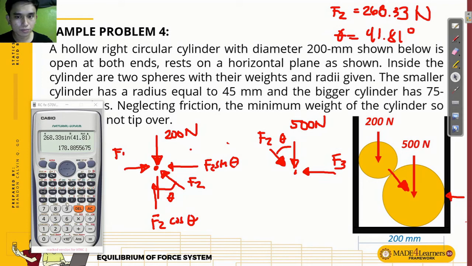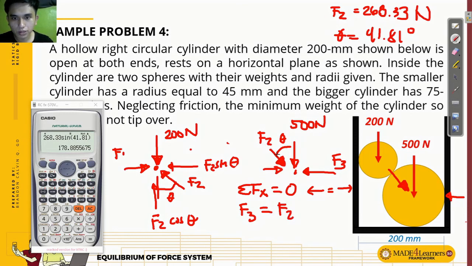So F2 is 268.33. Since F3 is horizontal, we can go directly to summation of forces along x is equal to 0. So F3 is equal to the horizontal component of F2, that is F2 sine of theta.